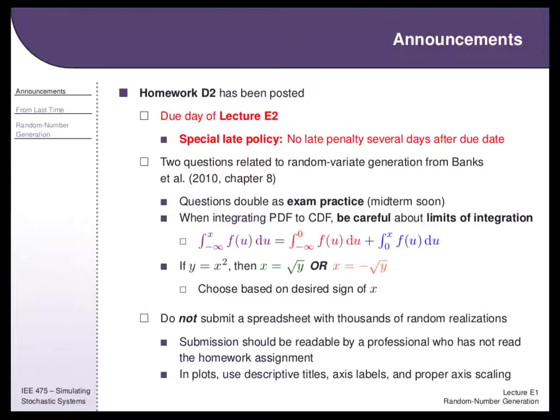Question? For the integral with separated limits, can you just do the -infinity to x straight away without the separation? Well, basically if you've got a piecewise PDF, so this PDF has got 4 pieces, this piece goes from -infinity to 0, the next piece goes from 0 to 4, the next piece goes from 4 to infinity, then if you're integrating over that whole thing, it's going to be difficult to integrate across the boundaries.